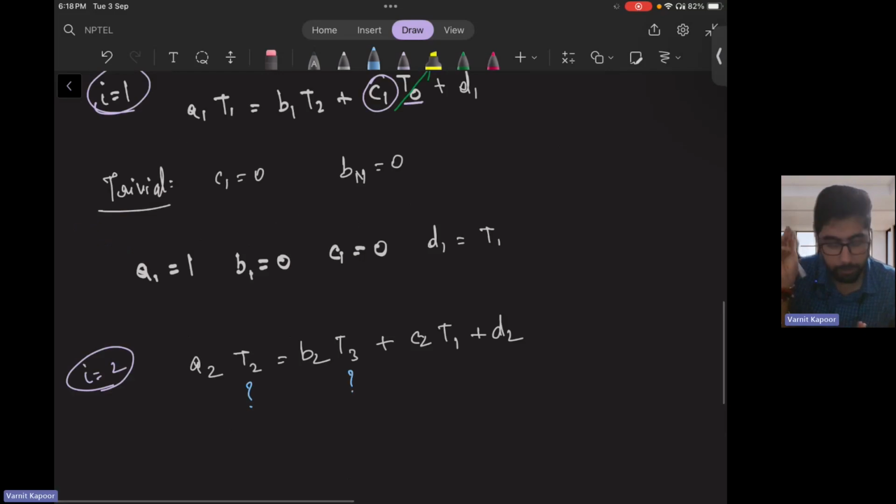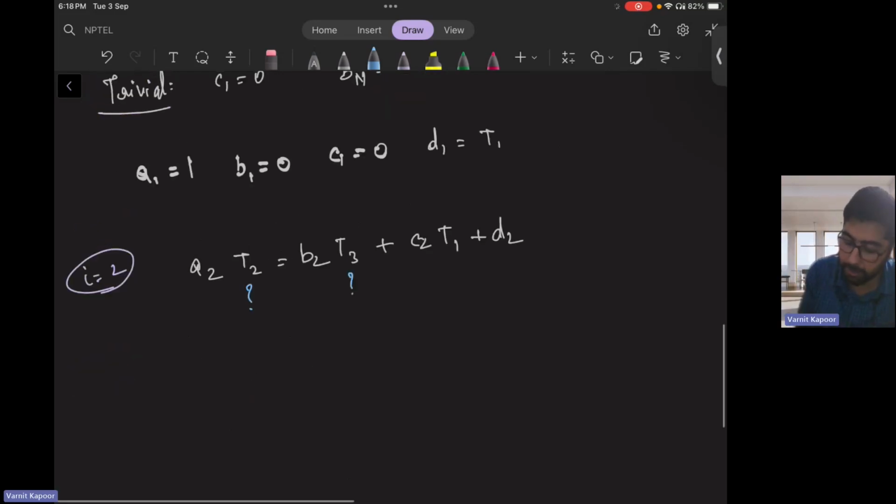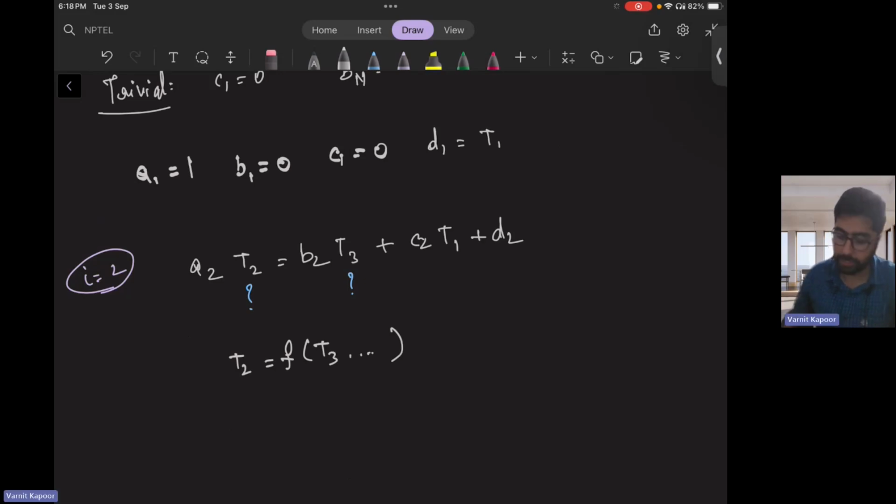Initially, the boundary condition was known, but here T2 and T3 are both unknown. That means T2 is nothing but a function of T3 and some constant, because T1 is known. T1 is known because of the boundary condition which we have given as a Dirichlet boundary condition. So T2 is a function of T3 and some constant.